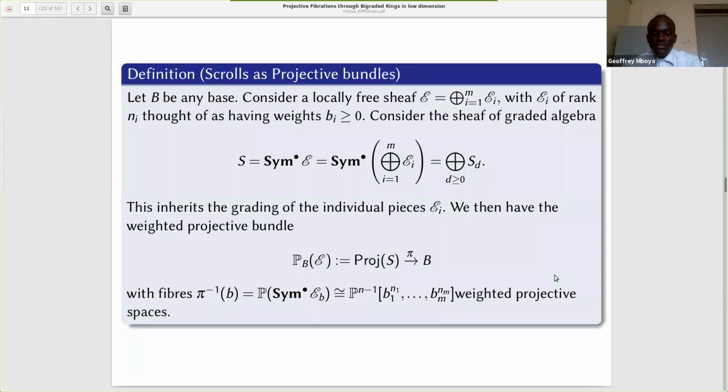If you're a topologist, then you have met scrolls as projective bundles, or generally in algebraic geometry, if you take a base B and a locally free sheaf, say E1 direct sum all the way up to EM, where the EIs we look at as of rank NI with the local weights BI, then taking the Proj of the sheaf of graded algebra will give us the scroll whose fibers are just the projectivization of the graded algebra at a specific point in the base.